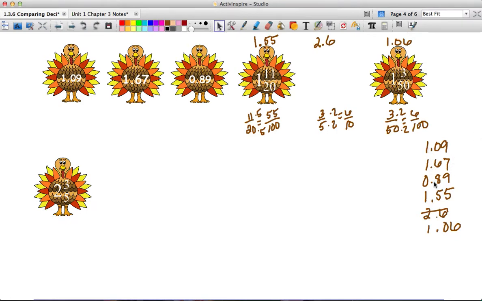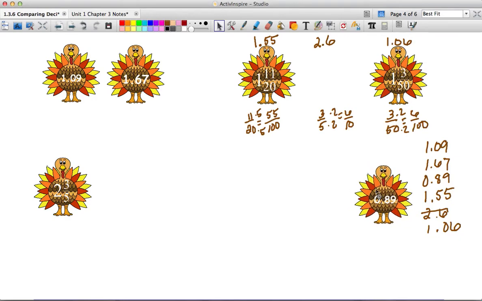Then all the rest of these have 1 except for 0 and 89/100ths. So I actually know that this is going to go last because it has the smallest whole number. So if I want to, I can put it at the end already. That might be hard when you're writing though, because you might not be able to squeeze the numbers in. So be careful if you do that. You might end up doing some erasing.